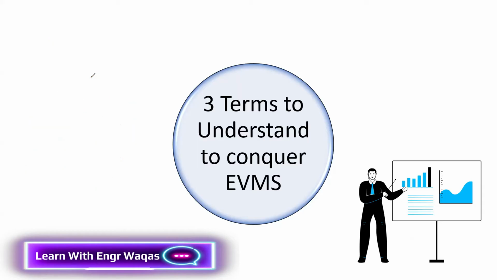Now, to conduct this analysis, we have to understand these 3 terminologies. What are these 3 terminologies actually? So let's start. The first thing is planned value. As we have already understood, the project management life cycle is initiate phase, planning phase, execution phase, monitor and control phase, and closing phase.